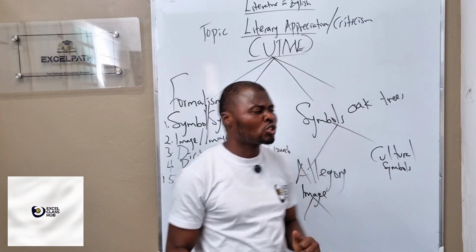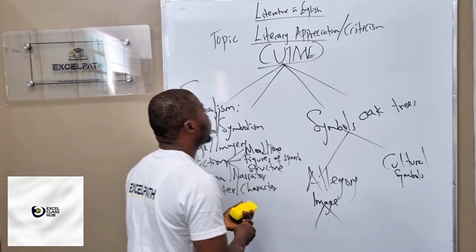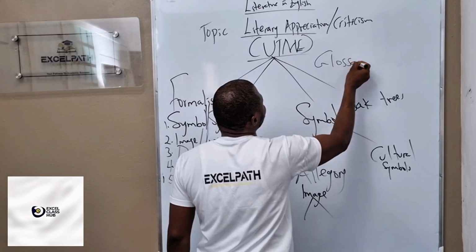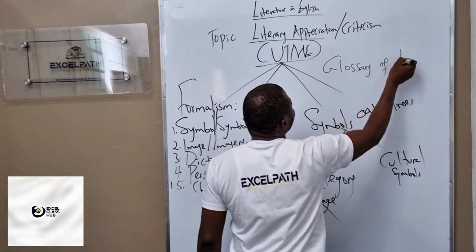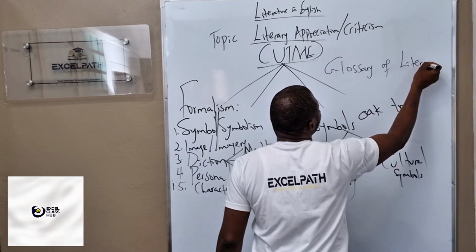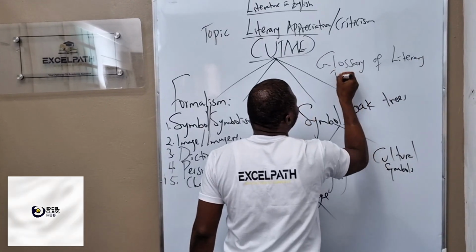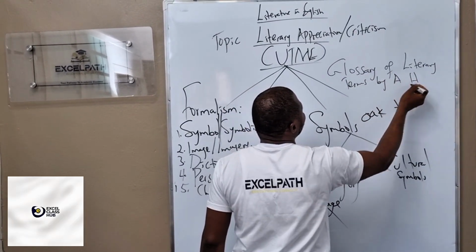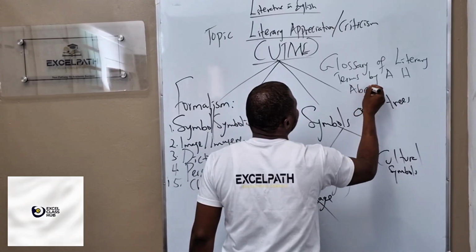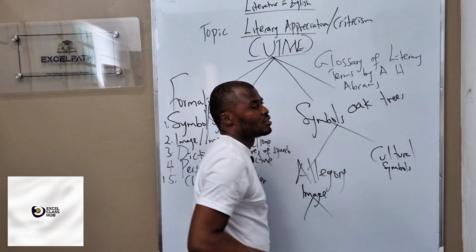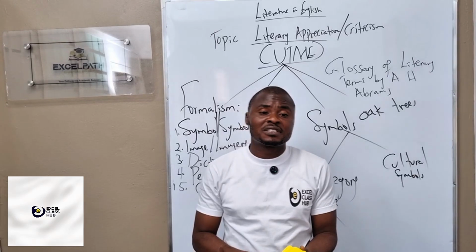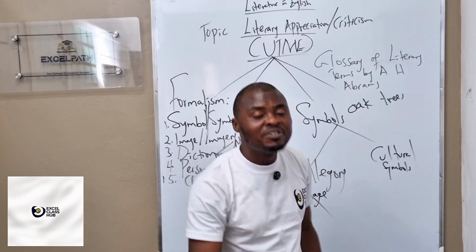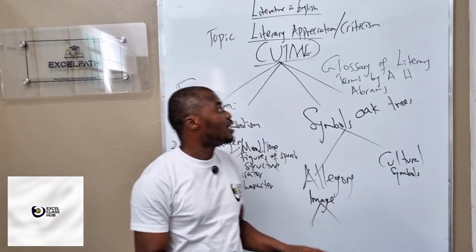It is called Glossary of Literary Terms by A.H. Abrams. You can lay your hands on it. It's authoritative. Everything about it is correct.